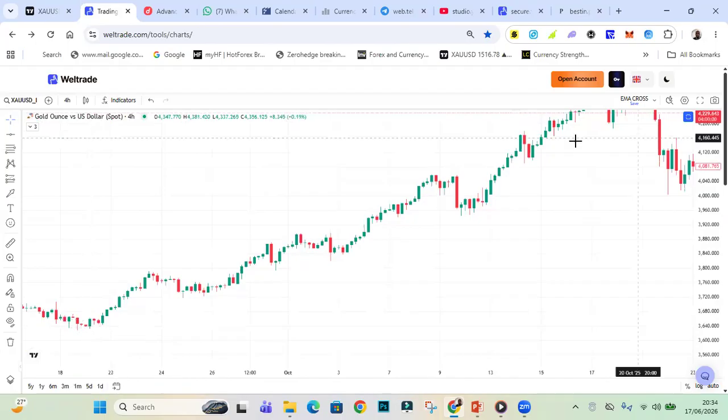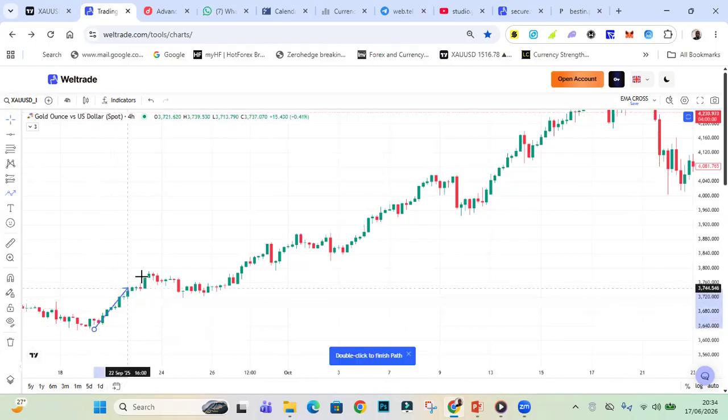The overall movement is up. They did this. Okay, so this is an impulse move. This is a pullback. So this short movement now is a pullback.